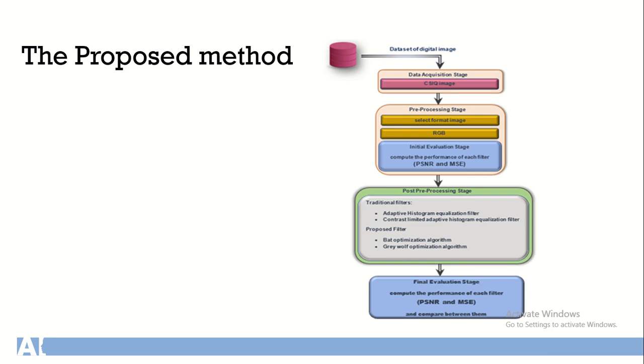The proposed BAT and Gray Wolf optimization adjust the brightness of the color image by applying various filters with various attributes, through the first step of creating the initial population and adjusting the current population, then applying and choosing the local and global best, and finally applying the final evaluation stage.